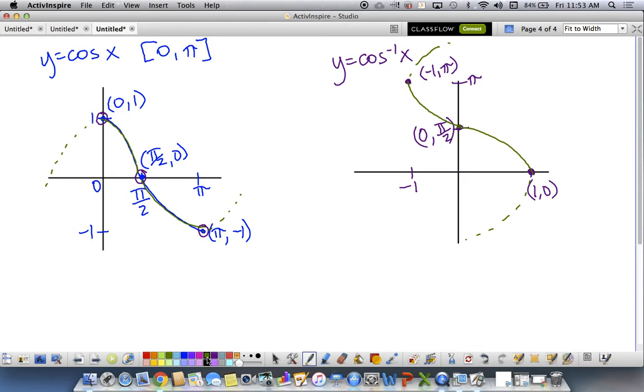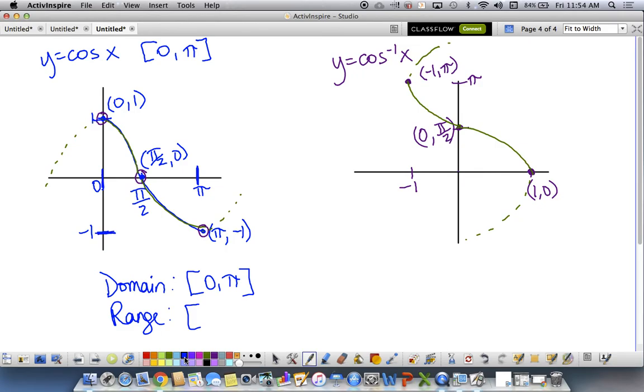Last piece. Let's talk about domain and range. The domain of our original cosine x, I've listed it at the top, but we can see x's start at 0 and go to pi. And the range, what are we going up and down to?